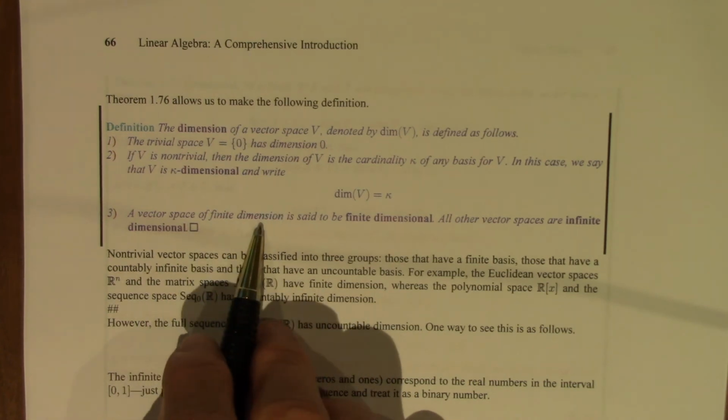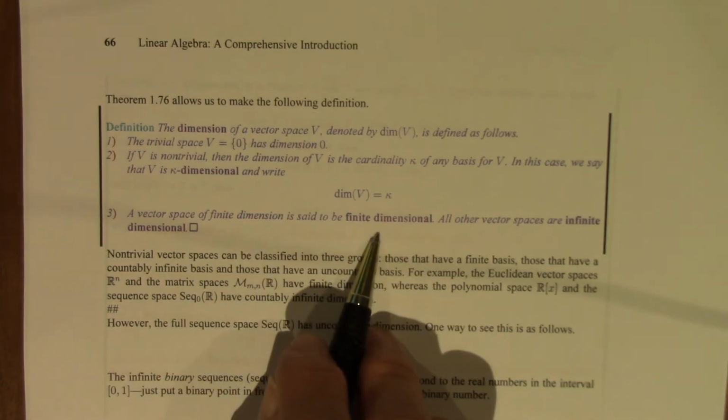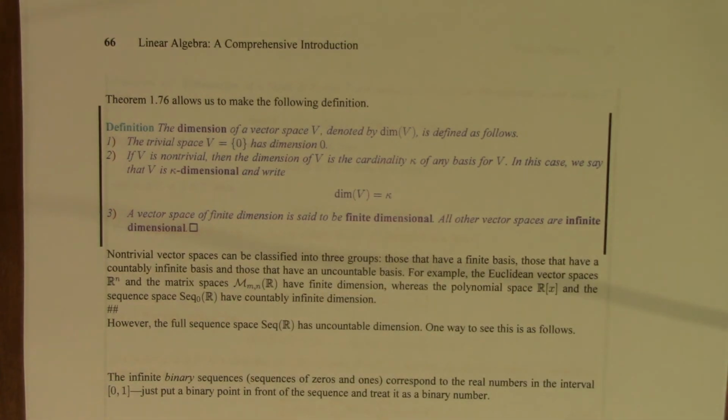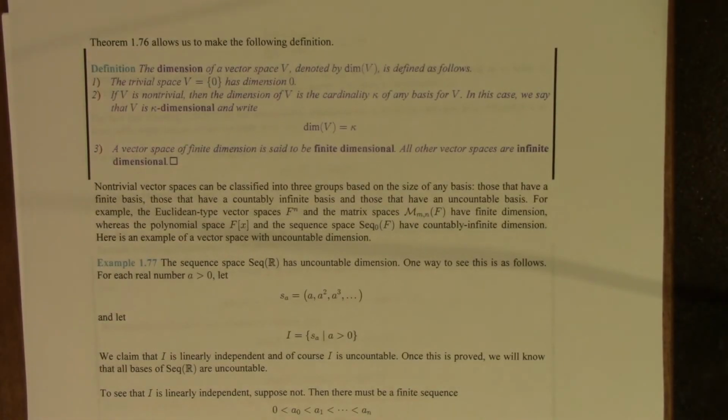A vector space that has finite dimension is said to be a finite dimensional vector space, and all other vector spaces are infinite dimensional. Non-trivial vector spaces can be classified into 3 groups based on the size of any basis for the vector space.